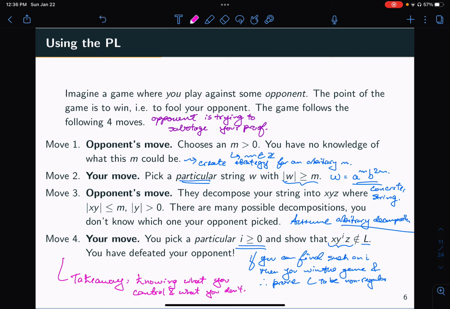You do control the choice of w and the choice of I, but you don't control how the string is decomposed and what m is. So it would be incorrect to say, suppose m is 17, and it would be incorrect to say, suppose x is epsilon. That would be incorrect. Okay, excellent. In the next video, we're going to look at an example, and I think the example is going to be a very familiar looking one.